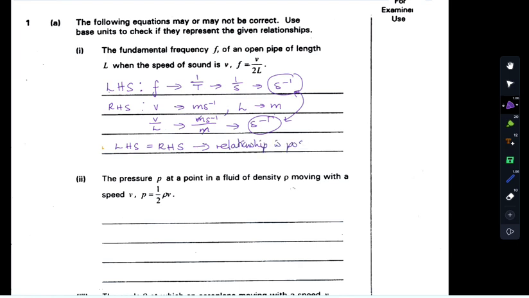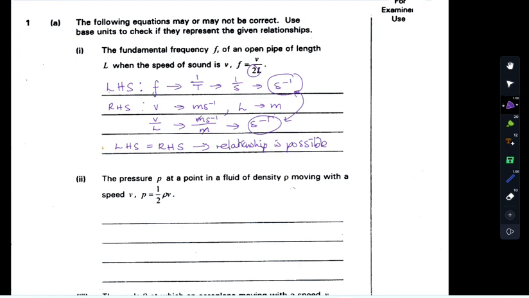It's possible that the fundamental frequency of an open pipe may be given by that equation. We don't consider the 2 when we are just checking if an equation is homogeneous. But when it comes to an equation being true or correct, then we need to consider those constants.